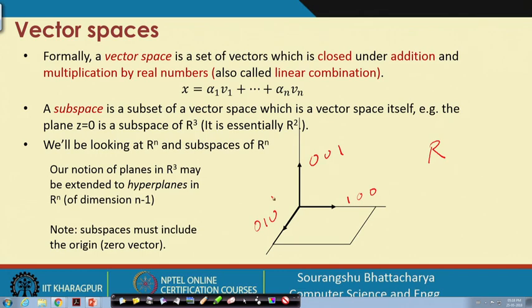A linear combination of these 3 vectors can generate all the vectors in R3. However, if we set Z3 equal to 0, then this and this are sufficient to generate this subspace for which Z equals 0.